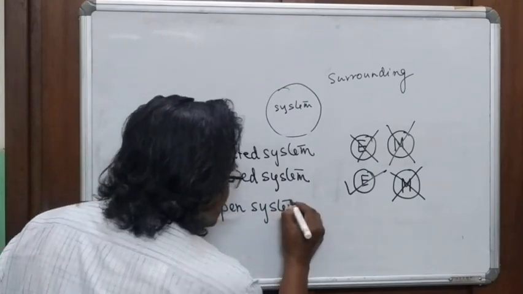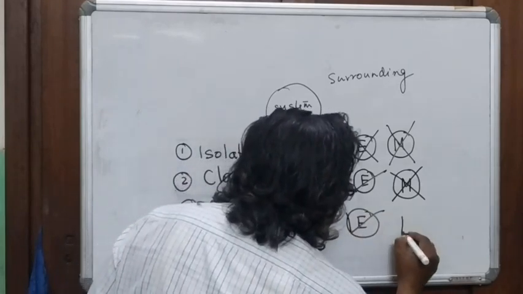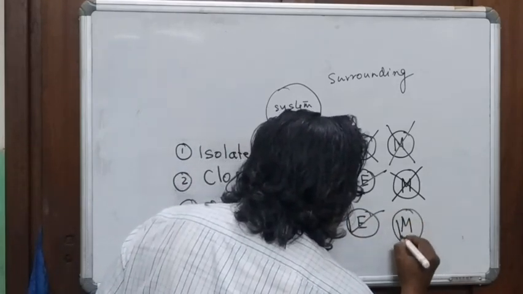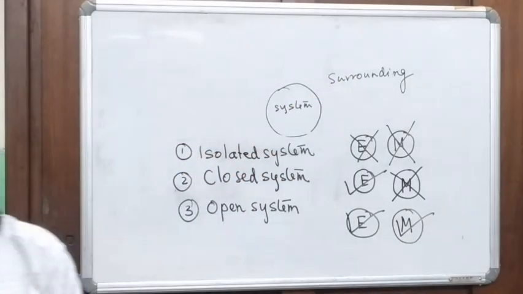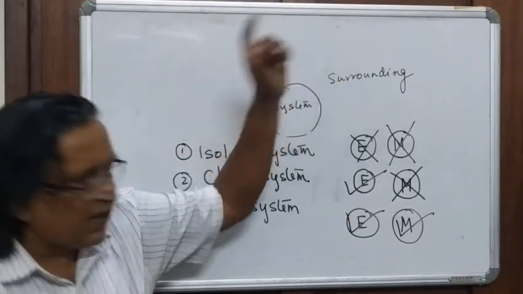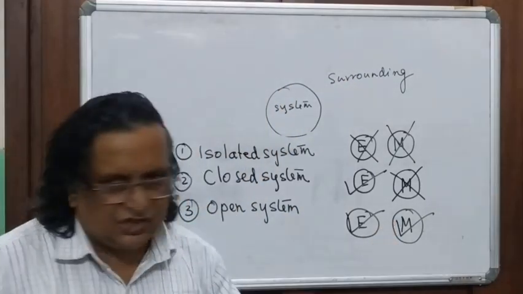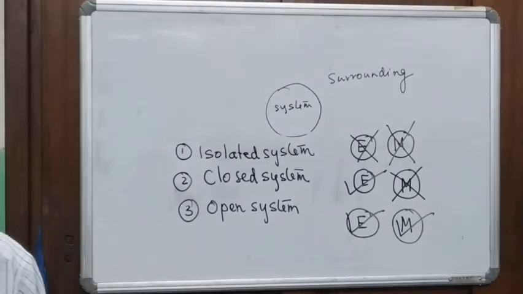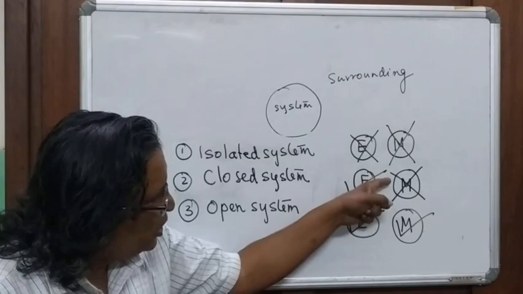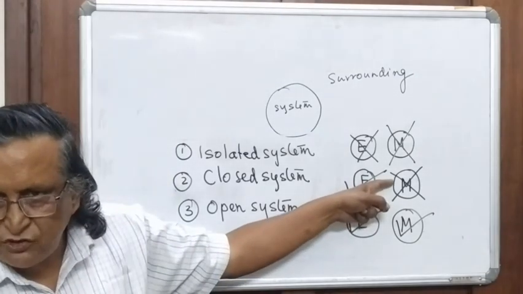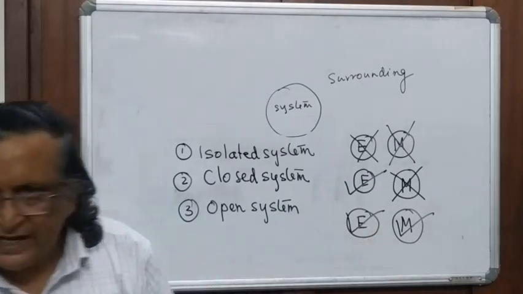In this case, the rock and the surrounding exchange both energy and mass across the interface. What is then the difference between this closed system, no exchange of matter, mass, and this system, exchange of mass?